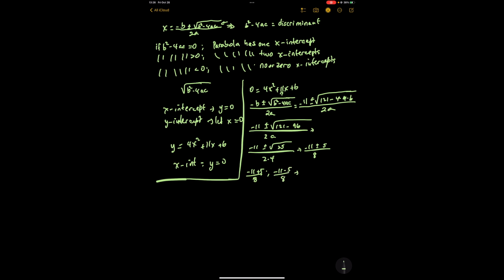Negative 11 plus 5 is negative 6, so that's negative 6 over 8, and negative 11 minus 5 is negative 16 over 8. So x equals negative 3/4 or negative 2.